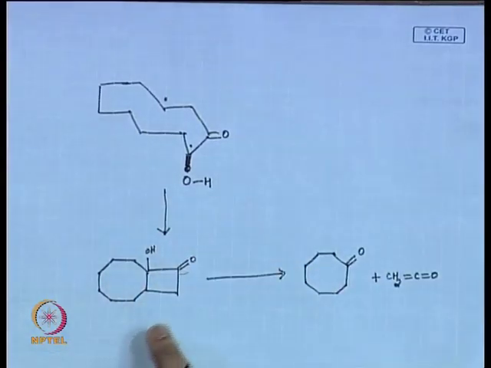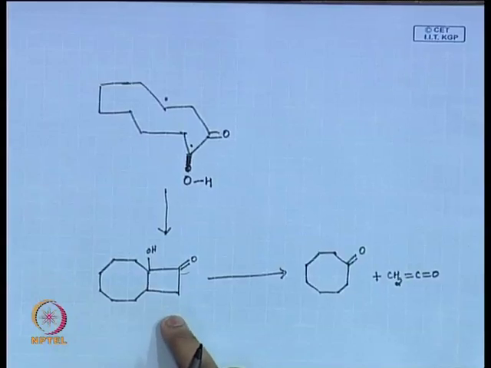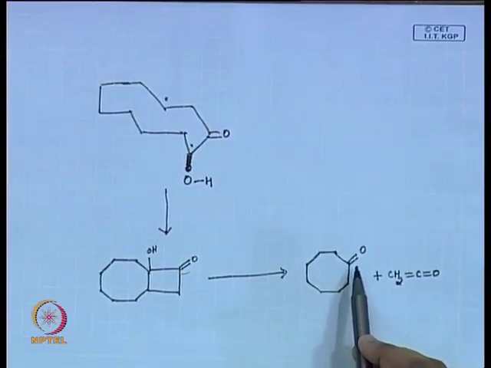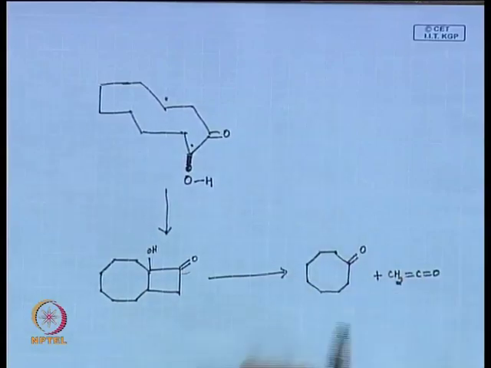Okay, this reaction happens in light as well as heat. Once I take this and keep it at room temperature or a higher temperature, it just cleaves down to give me a nice, what member ring is it? 8 membered, that is a cyclooctanone type of ketone, plus I get my ketene, and you know the ketene reacts in alcohol and gives you other products, that is fine.